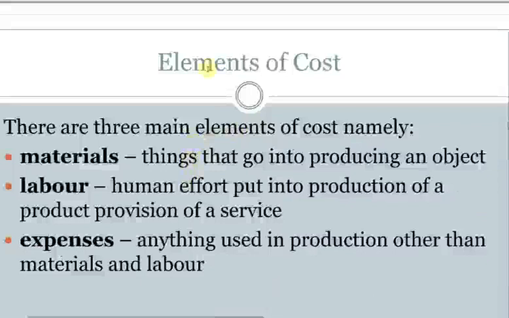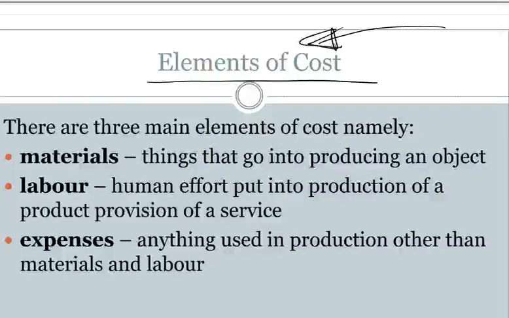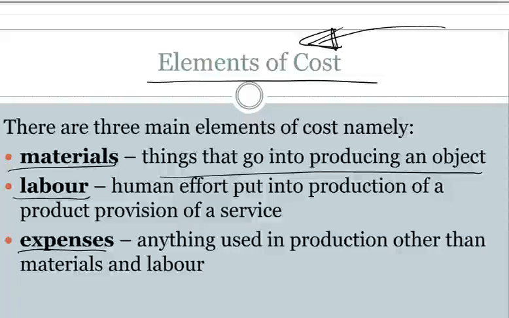So let us look at elements of a cost. What makes up a cost? A cost is made up of material, labor, and expenses. Material, we're talking about anything that goes into producing that object. For example, if you are talking about coming up with a bed, we're talking about wood, varnish, nails. All those are materials.